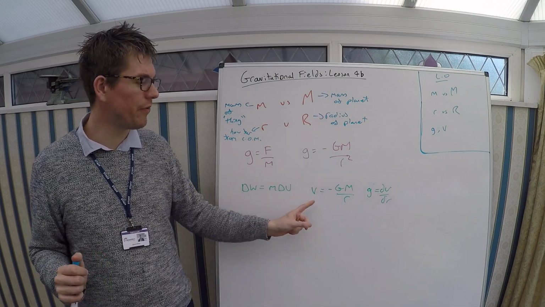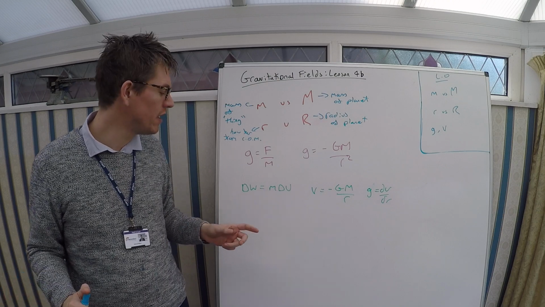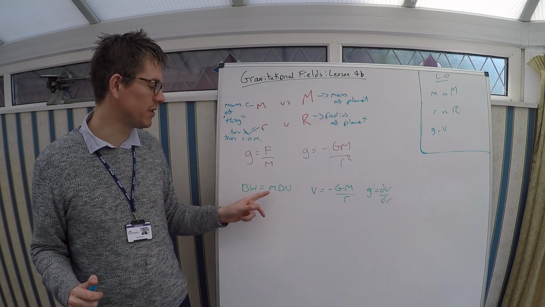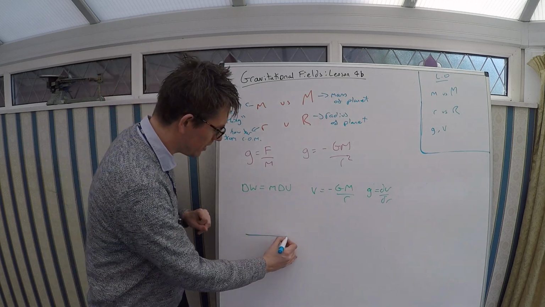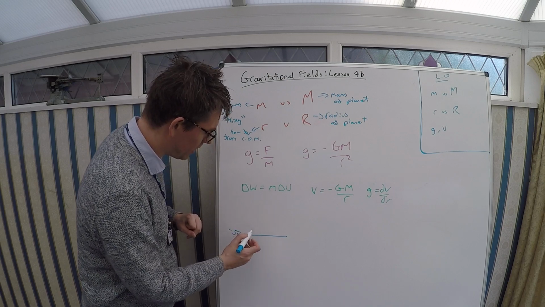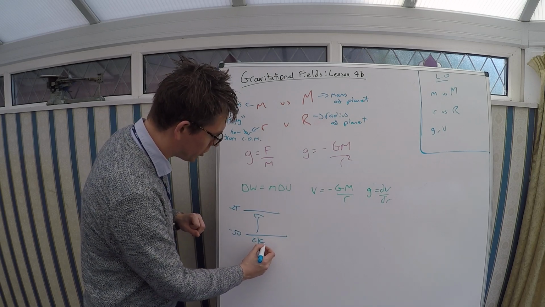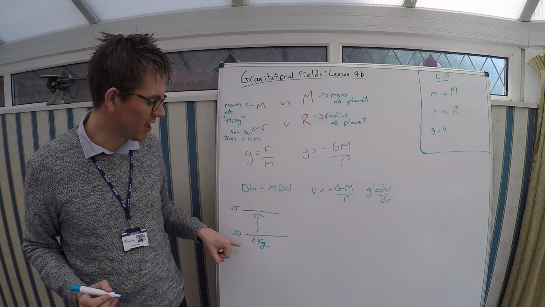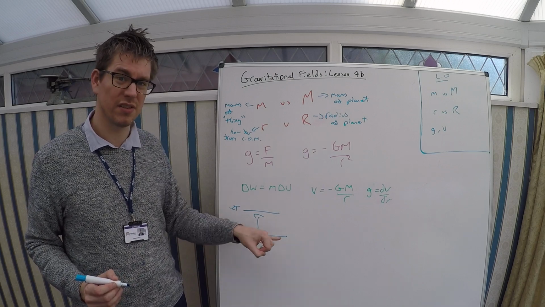Now we've got 3 equations that tell us about potential. The first is really simple. The amount of work we do is just equal to the mass times the change in potential. So, if we were at our minus 50 here, and we're going to minus 25, and we've got 2 kilograms, we're moving from here to here, we know it's going to have minus 100 here, because it's 2 kilograms times minus 50, so it's minus 100.